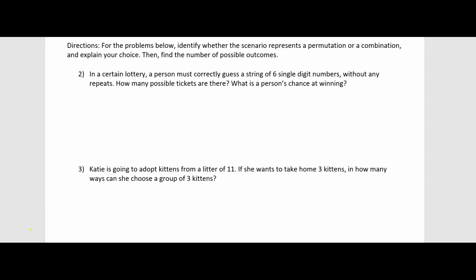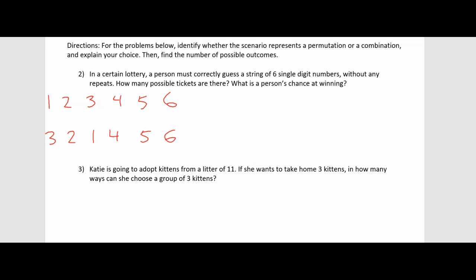Okay, so this would represent a permutation because there's a difference between 1, 2, 3, 4, 5, 6, and 3, 2, 1, 4, 5, 6. Right? You've chosen the same 6 numbers, but the order in which you wrote them down matters.